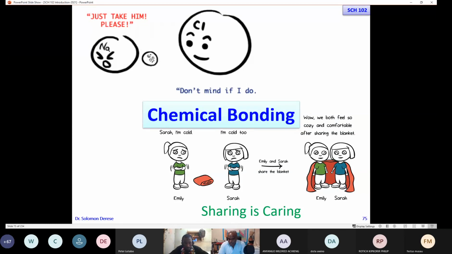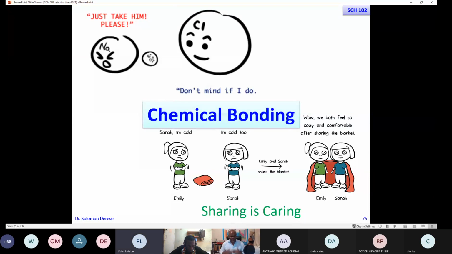The reason why elements form chemical bonds between each other is to be converted from unstable individual atoms to stable molecules. So formation of a chemical bond is an energetically favorable process, from high energy, unstable species to stable, low energy species.